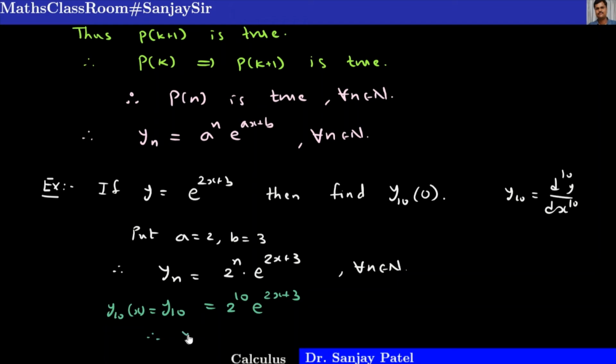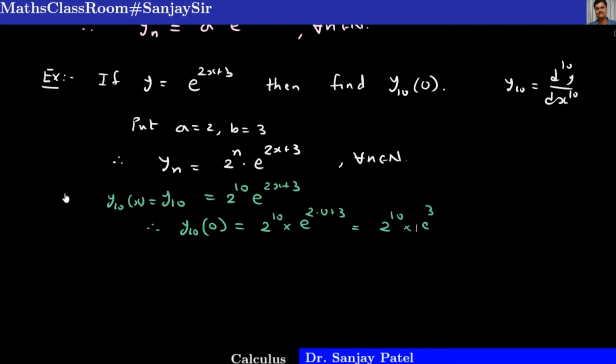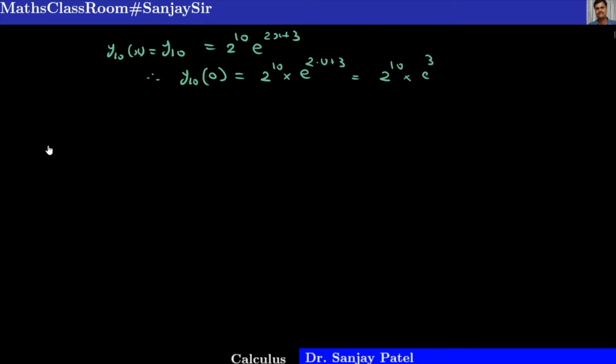And therefore, if you want to find the value of this 10th derivative at 0, y10 of 0 is 2 raised to 10 into e raised to 2 into 0 plus 3. That is 2 raised to 10 into e raised to 3. So this is the value of the 10th derivative at 0. Likewise, if any other point is given, you can find the value of the derivative. Okay. So very simple example based on that first theorem.